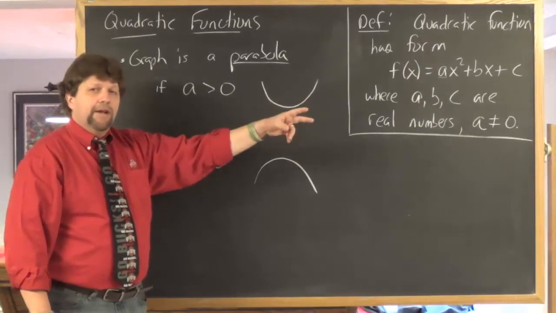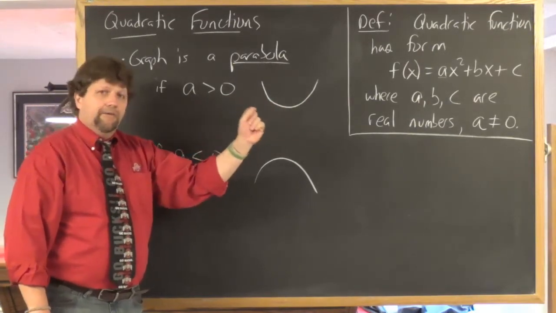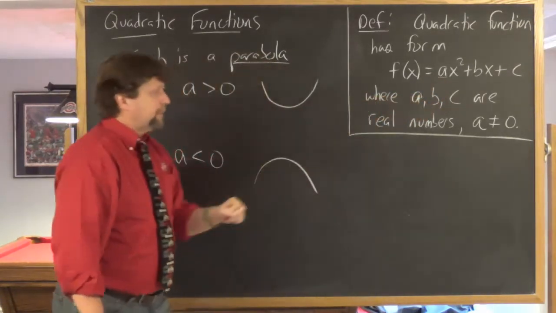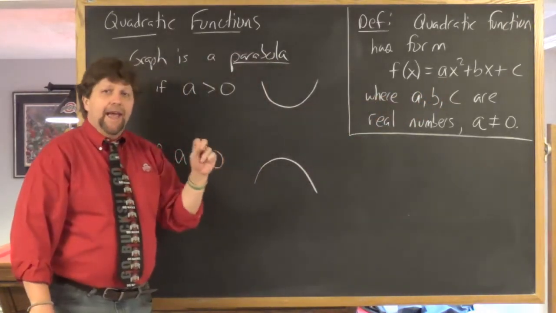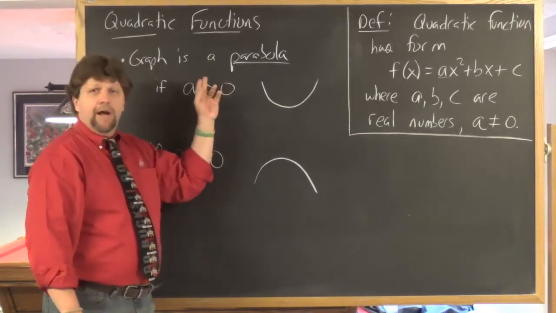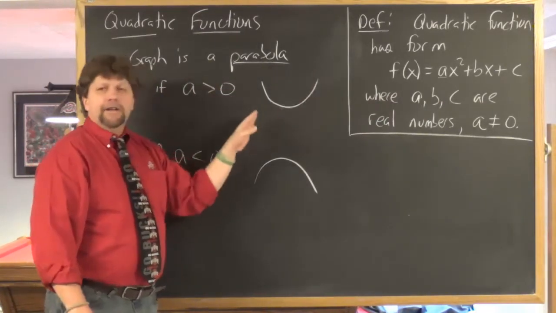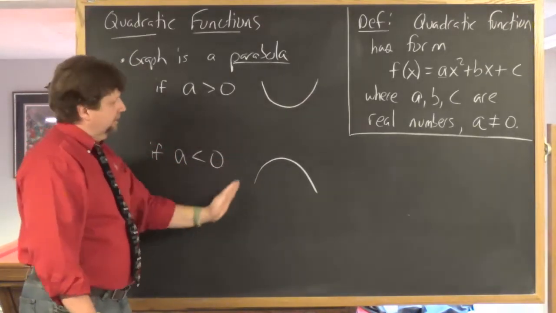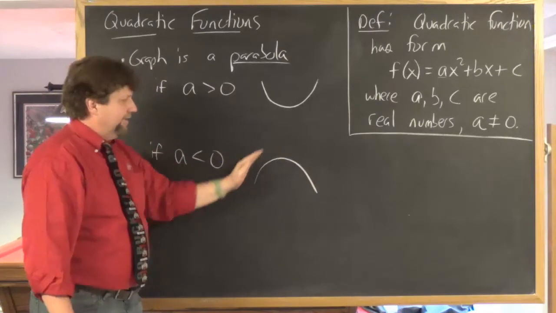When you see a quadratic function, you look at that first number you see here, which later we'll call the leading coefficient. That number you see, a. If a is a positive number, then the parabola has to have that kind of shape. It's like a happy one. If a is a negative number, the parabola, the graph, has to have that shape.